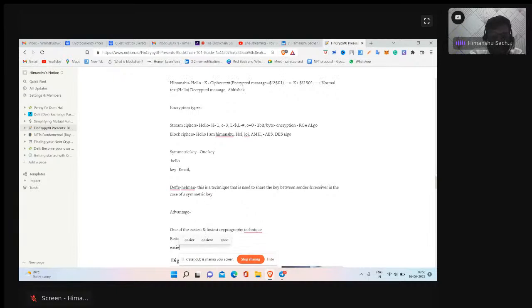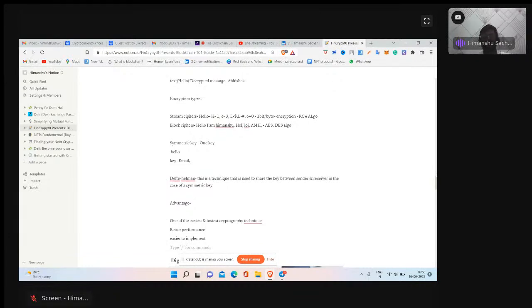Easier to implement in any kind of ecosystem. That's why if you look at most of the banks or most of the mobile company apps, in any social media apps that are there in the market, they mostly use the symmetric key cryptography, because it is easy, fast, better performance, and it is easy to implement in any ecosystem.